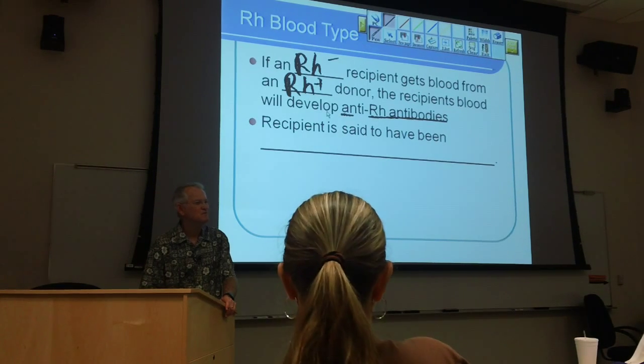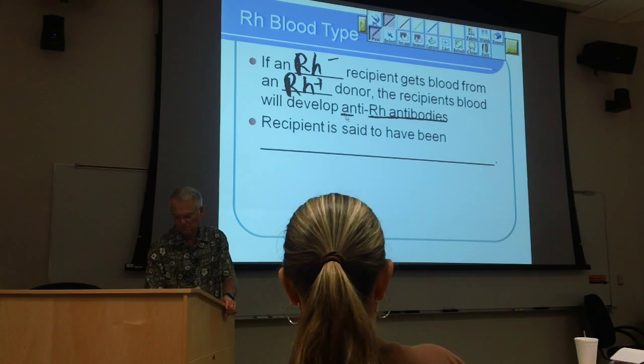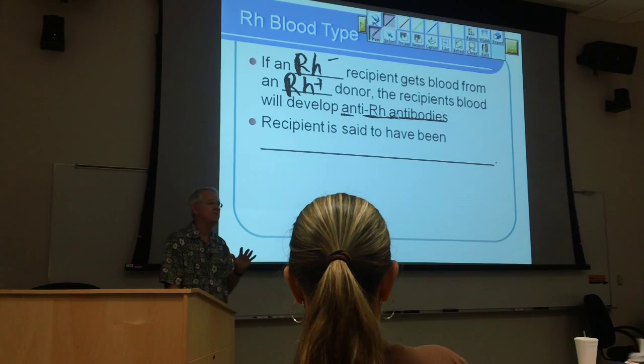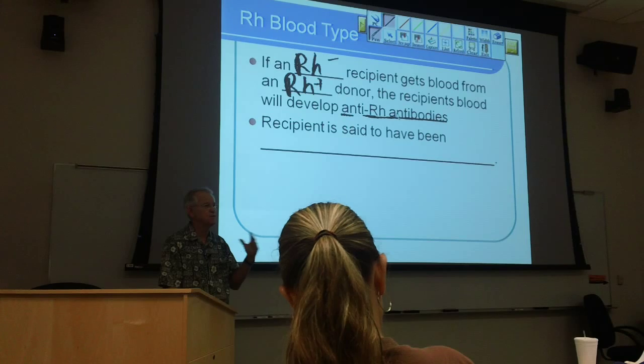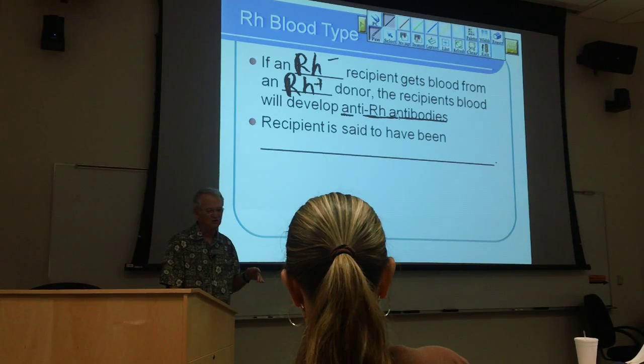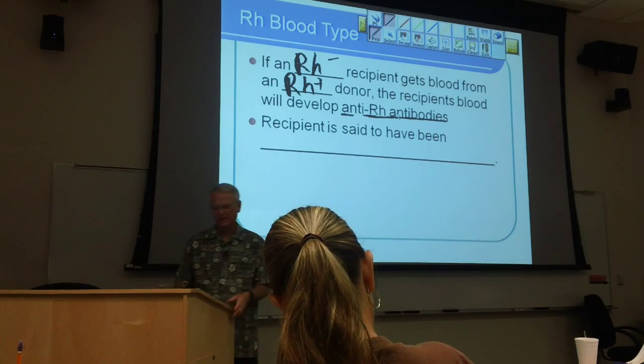Agglutinins, yeah, anti-RH agglutinins. This happens for exposure to many things where you produce antibodies, like allergens and infectious organisms and toxins.